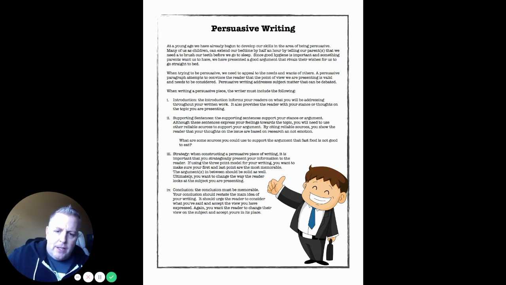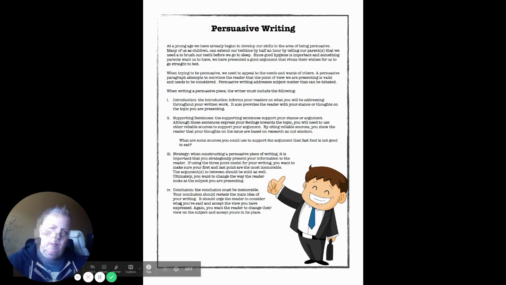The conclusion is typical of any sort of writing that we would do. It's basically a summary of our main argument. We want to reiterate, retell, or summarize what we were saying. I would definitely encourage you to read this page from start to finish and highlight any points that you feel are important and worth noting.